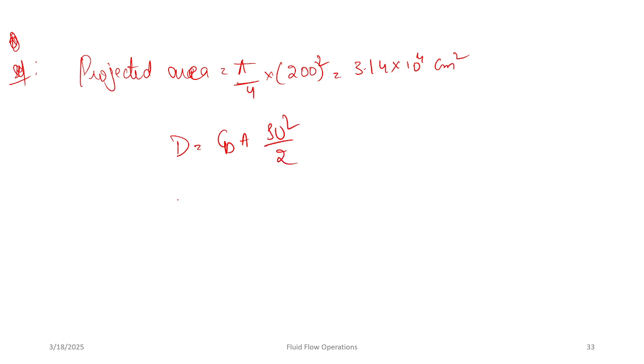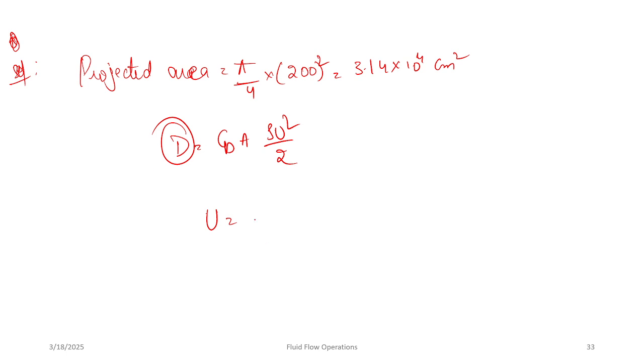And FD must be equal to the weight of the man that is falling down. So from this equation, the velocity of the parachute u will be given in terms of the weight of the man.